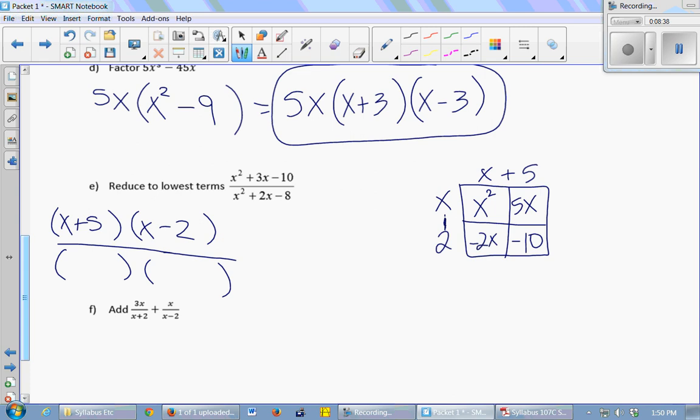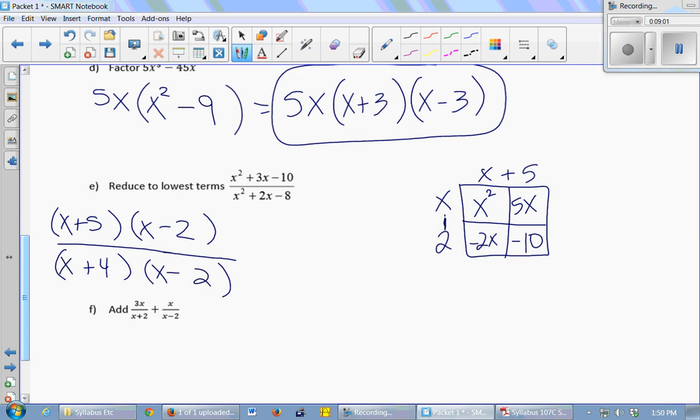All right, let's look at the denominator. x squared plus 2x minus 8. You've got to have an x in the first spot so that when you're distributing, you get x squared. I need my last two numbers to multiply to negative 8 and add to 2. Plus 4 and minus 2, yeah, because now the positive 4 and the negative 2 multiply to negative 8.